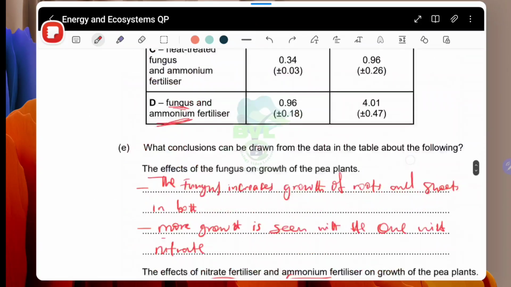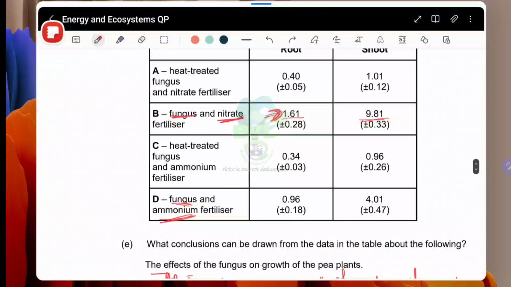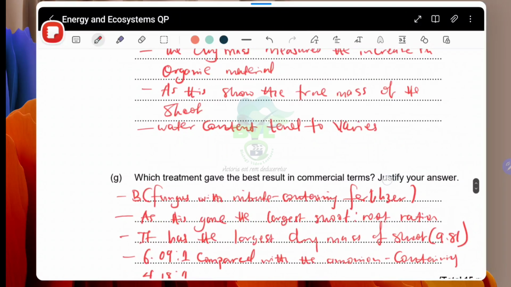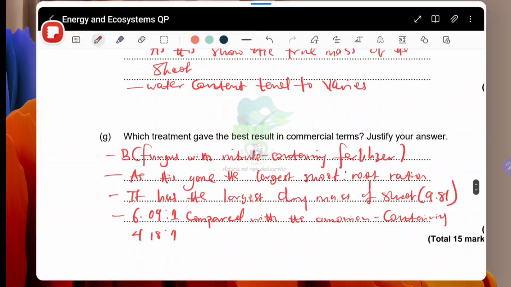So what I mean by that is this one, B, seems to be the best in terms of everything. Look at the ratio of the root to the shoot, or the shoot to the root, as the case may be. So if I go back there, this gives the largest shoot to root ratio, it has the largest dry mass of shoot being 9.8.